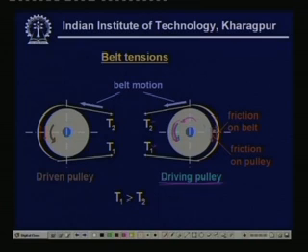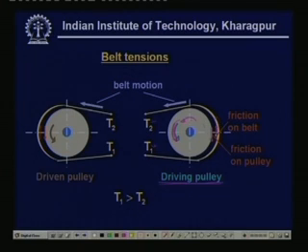This friction onto the pulley will be in such a way that it will try to oppose the motion of the pulley, so it will be in this direction. Thereby the friction on the belt will be in the other direction, meaning opposite to this particular direction. So, you can see that this particular friction onto the belt will do what?